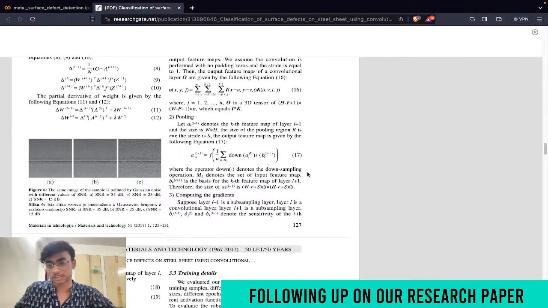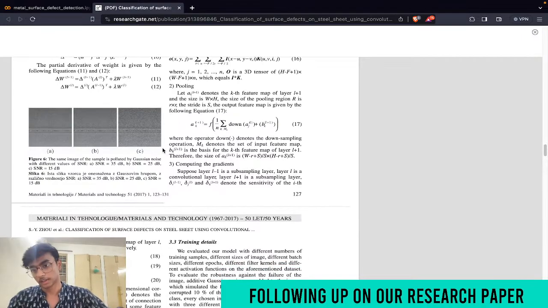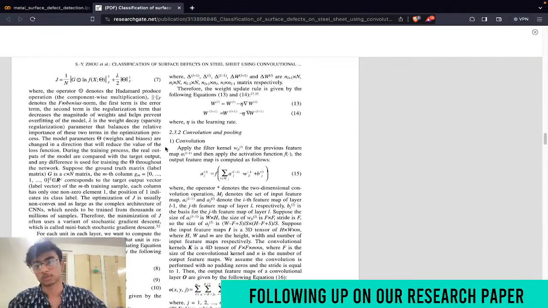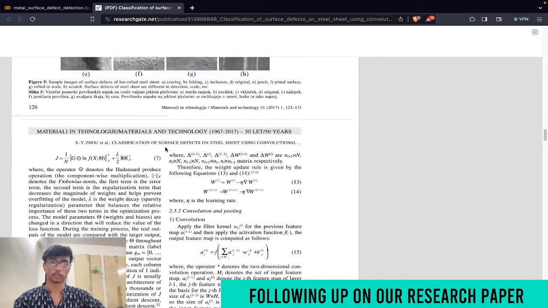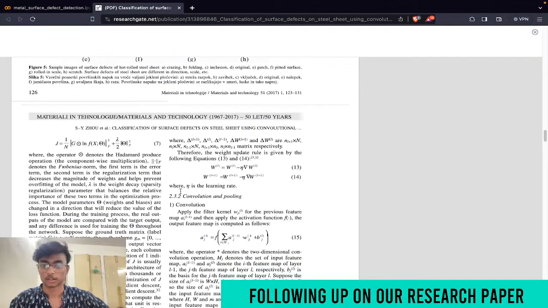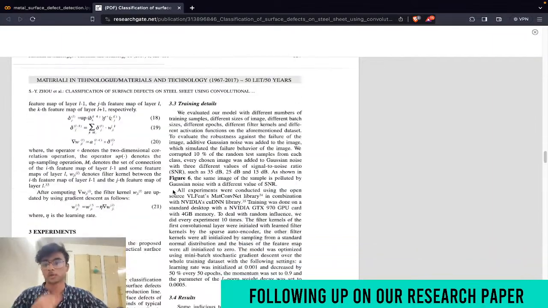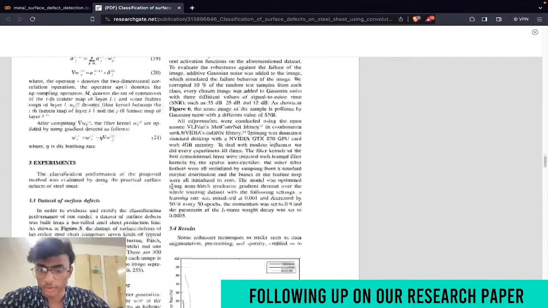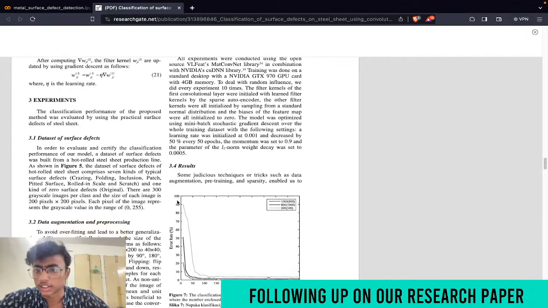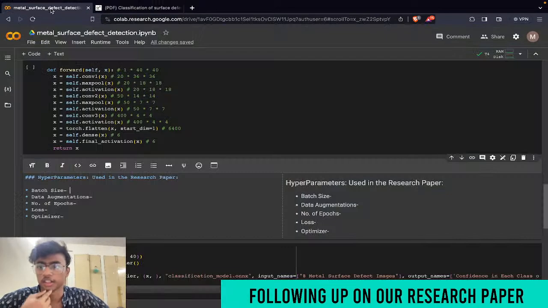For the loss, I assume they have used softmax for the final layer, so most probably they must be using negative log loss, or as you may know it, cross entropy loss. It's one and the same thing. So we'll be using that. Okay, learning rate is also an important hyperparameter.